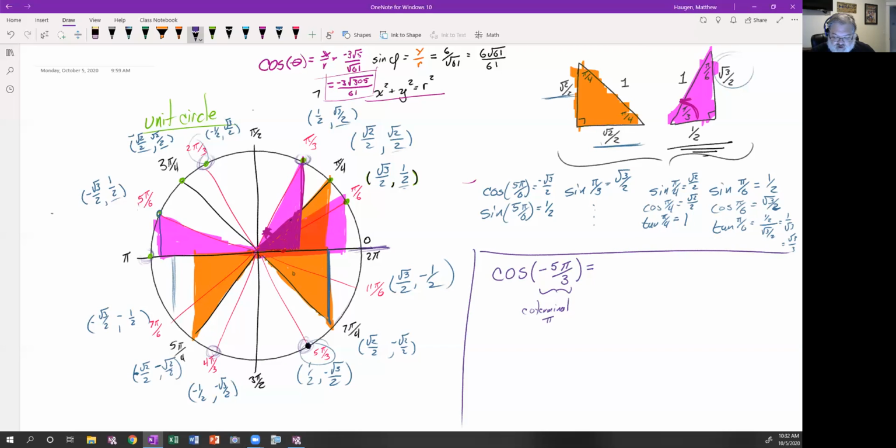If you are a negative 5π/3 angle, you are in that same position, which means you intersect at the same point. So the cosine value of negative 5π/3 is equal to the cosine value at 1π/3, which we know. The cosine is the x, so 1/2.